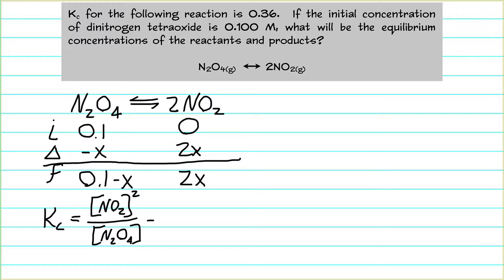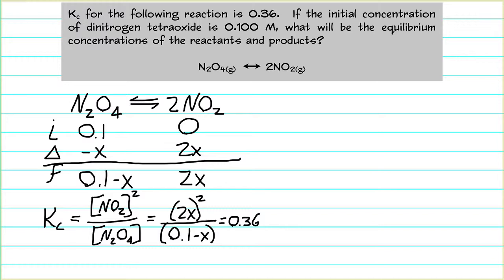And if we go ahead and substitute in our values, downstairs we get 0.1 minus x, and upstairs we get the quantity 2x, whole thing squared, and that is going to be equal to 0.36. Okay, well, there's no way around it in this case. This is a second-degree polynomial. You cannot assume that x is negligible because x is far too large.